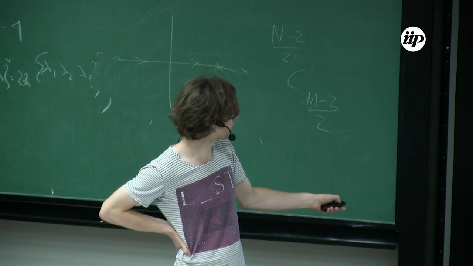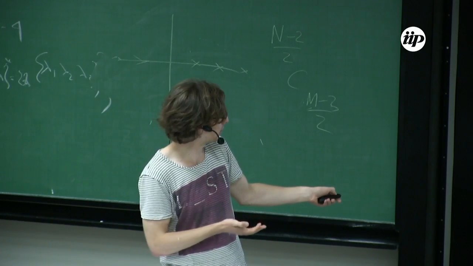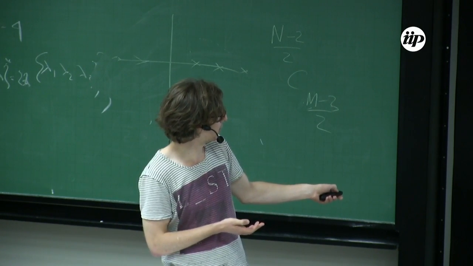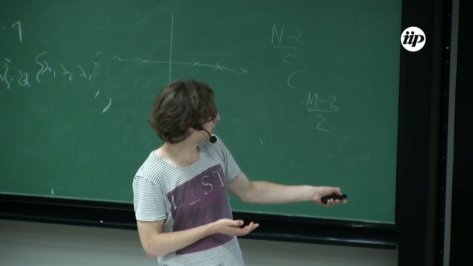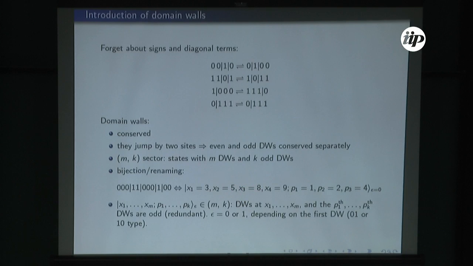So x1 is 3. It means that the first domain wall is at position 3. Now the second domain wall is at position 5. The third domain wall is at position 8, 9.